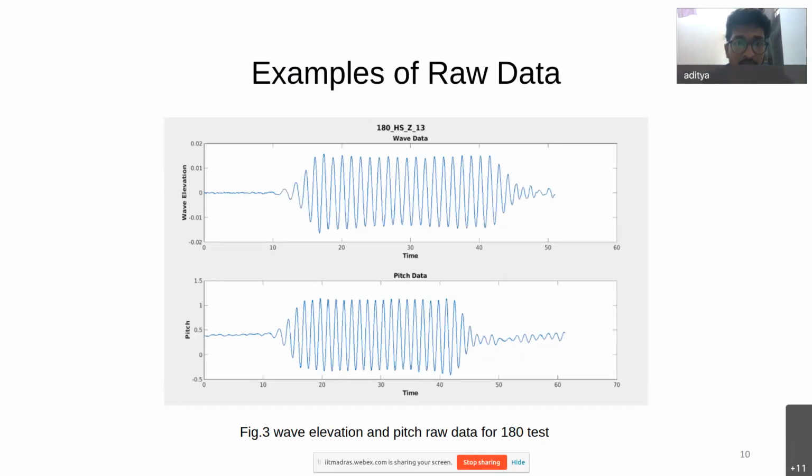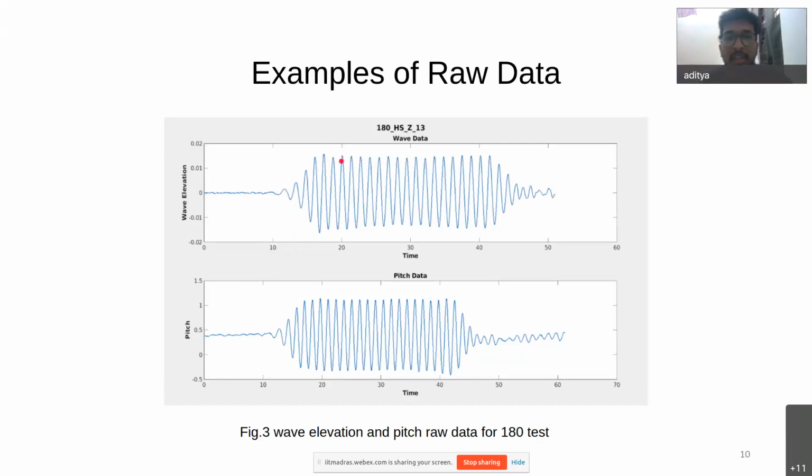Initially there will be no disturbance, and after the wave generator starts generating waves, slowly the wave elevation starts increasing. That is the transient period, and after the transient period has passed, you will see more or less a steady value of wave elevation.